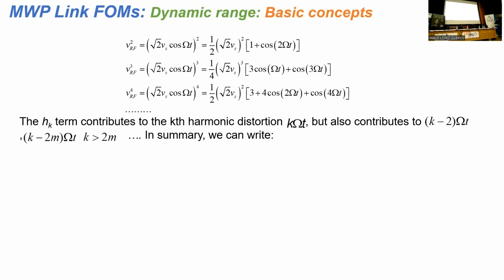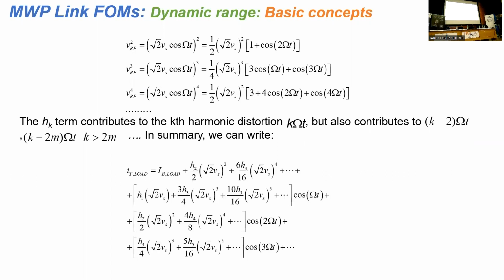You start to have harmonics, higher order harmonics, etc. That's bad news, because it means that if you use the Taylor expansion, it is going to give you harmonic distortion terms, non-linearities, to put it that way.